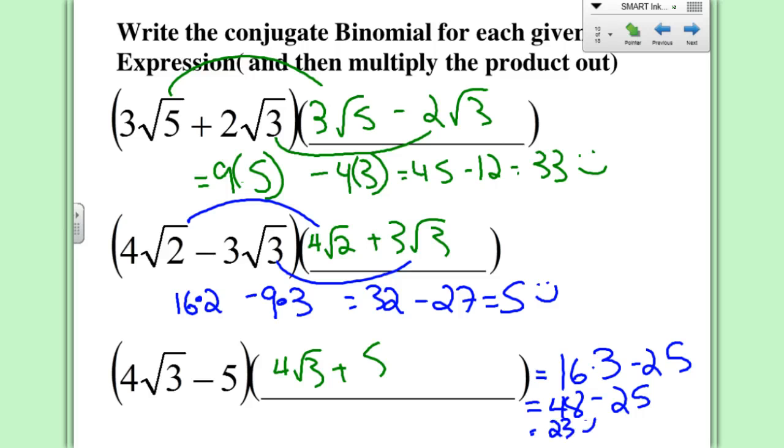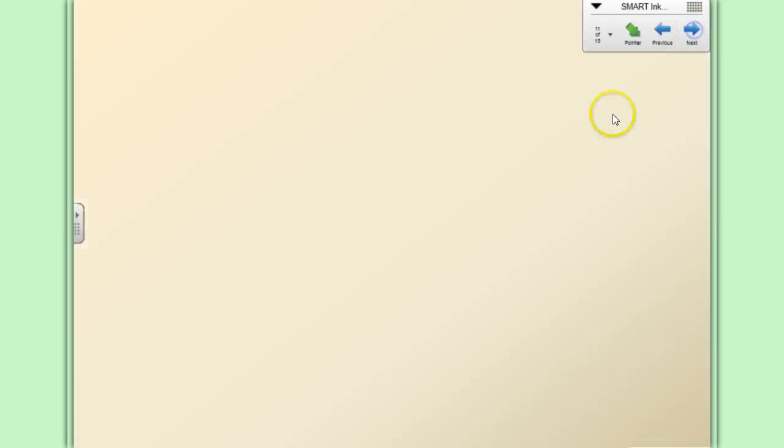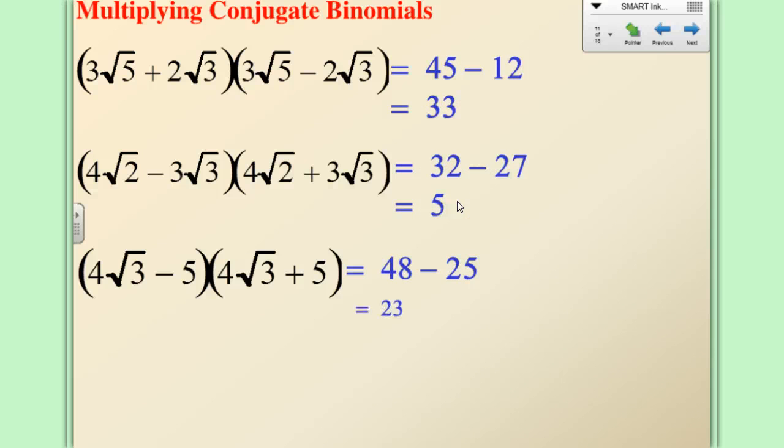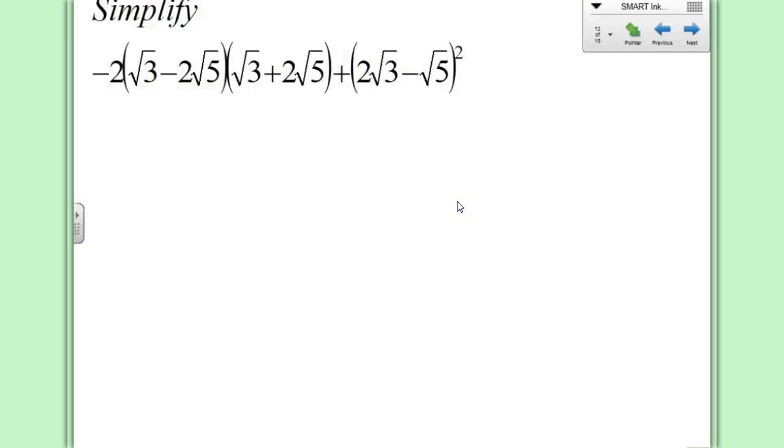So that's what conjugates are, and they always multiply to give you a rational number, right? Now your turn, practice these on your own and then come back and look and see what you got. All right? So practice these on your own. Now that you've come back, you end up with 45 minus 12, 33, 32 minus 27 equals 5, and 48 minus 25 equals 23. Okay?